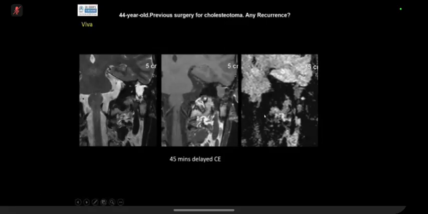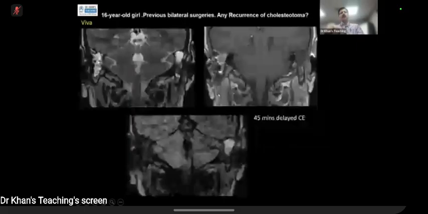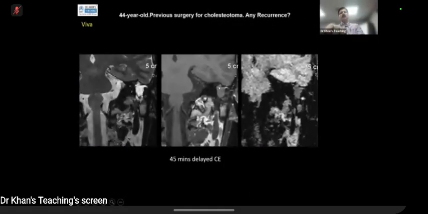So the impression here is that this is not a recurrence. It's likely going to be a granulation tissue. Okay, if you say that there is a subtle enhancement, then your diagnosis will be that this is granulation tissue. On the other hand, if you say that there is no enhancement, then this will be just fluid, and not.